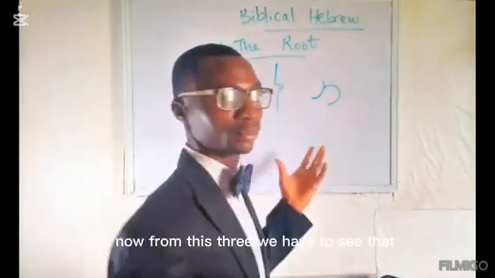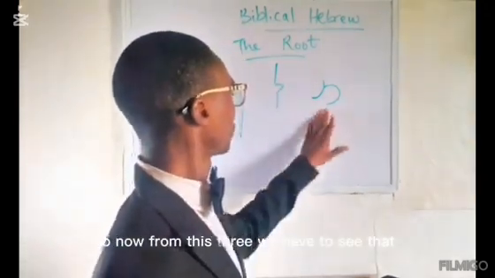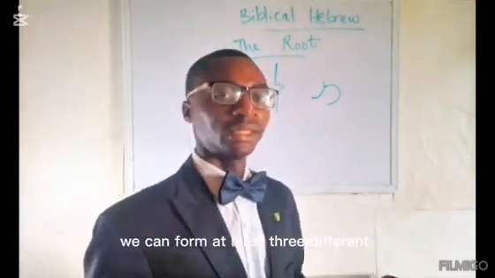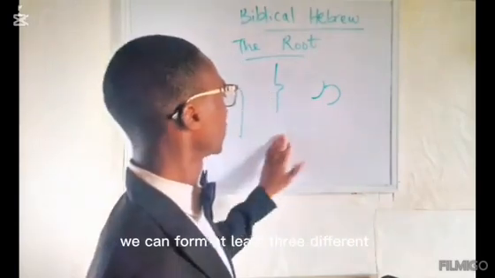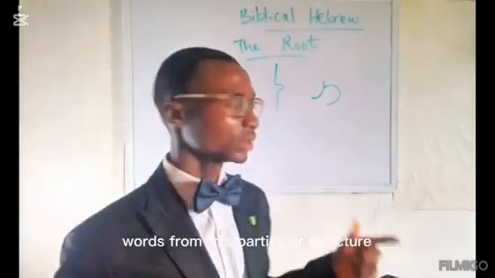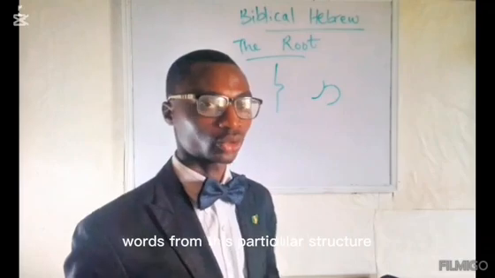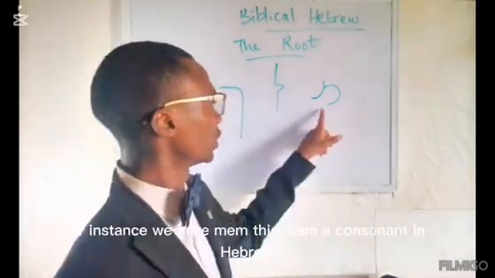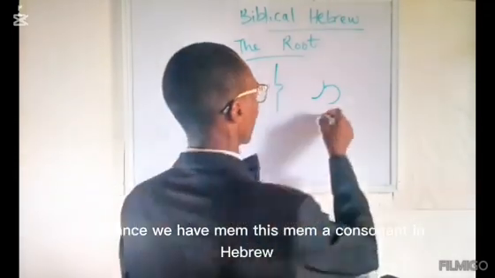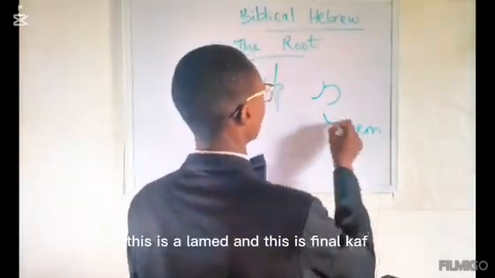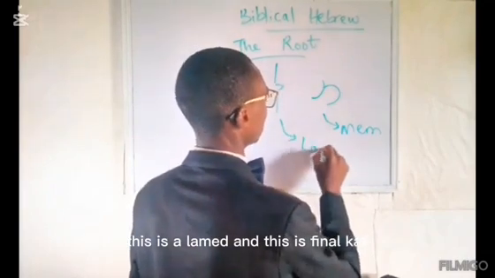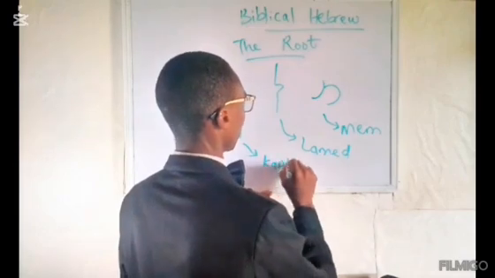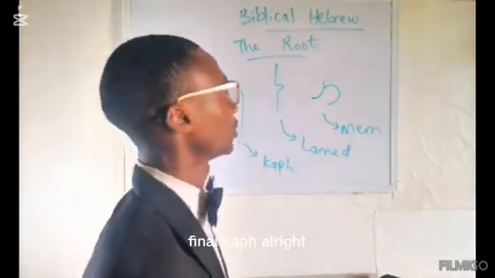From these three, we can form at least three different words from this particular structure. I call it triconsonantal in shape. For instance, this is mem, a consonant in Hebrew, this is a lamed, and this is a final kaf.